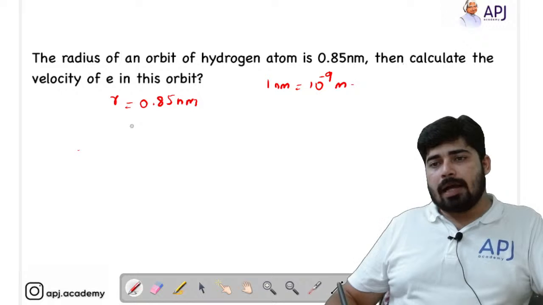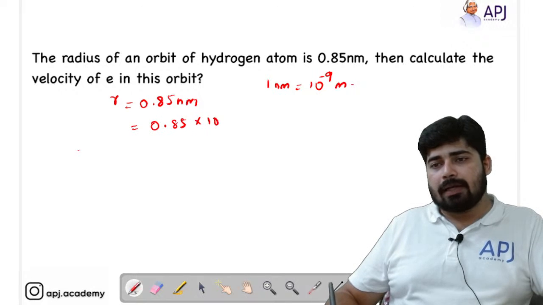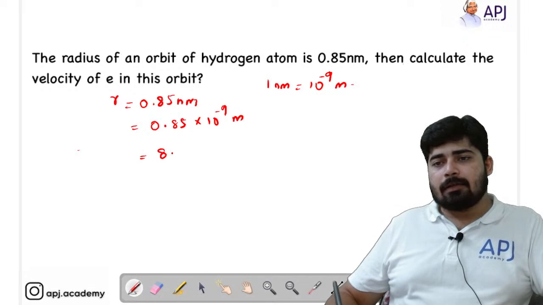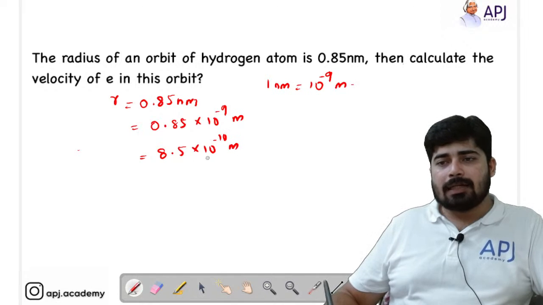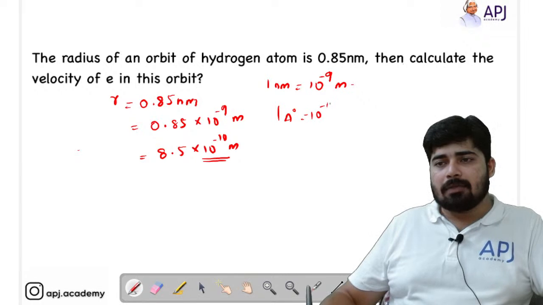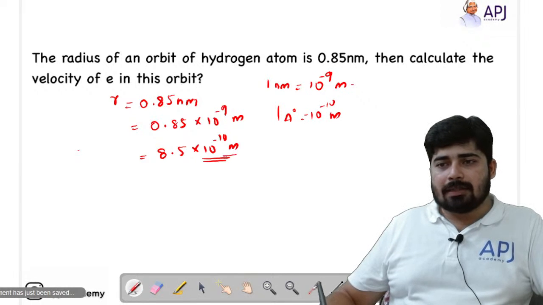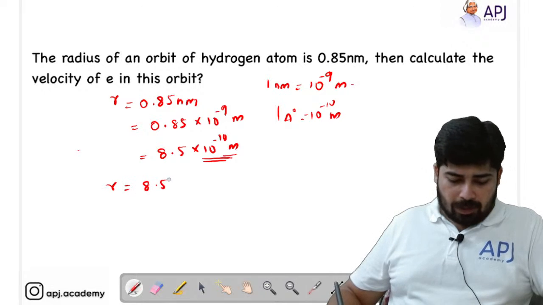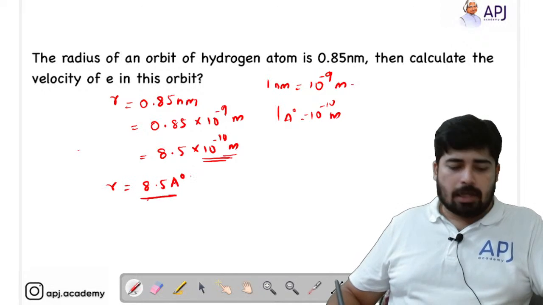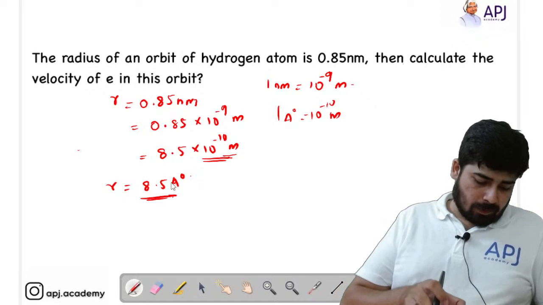So I'll write it as 0.85 into 10 raised to minus 9 meters. I can write it as 8.5 into 10 raised to minus 10 meters. Now, we know that 1 Armstrong is equal to 10 raised to minus 10 meter. So instead of 10 raised to minus 10 meter, I can write Armstrong. So radius is equal to 8.5 Armstrong.